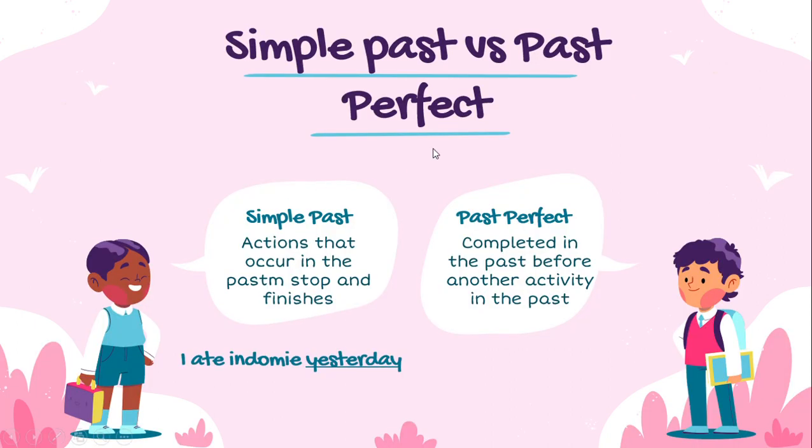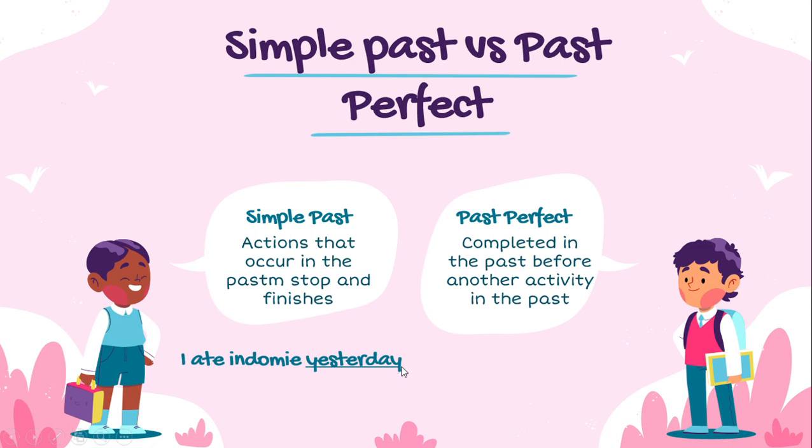And then the last, how does simple past tense differ from the past perfect? Jadi simple past tense versus past perfect. Simple past is an action that occurred in the past, stopped, and then finished. Jadi dia terjadinya di waktu lampau, already complete. For example, I ate Indomie yesterday.